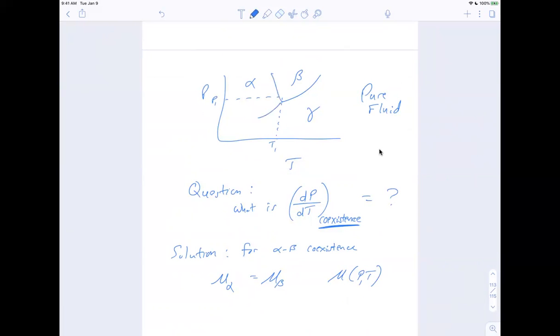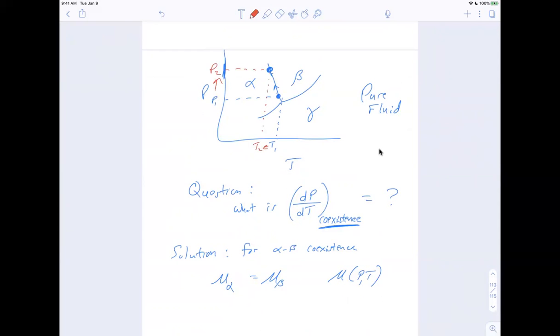Okay, so we start here, and then we move along the line, and then we end up at this point. So now our new pressure and temperature combination is P2 and T2. So we had a change in pressure and temperature along those directions.